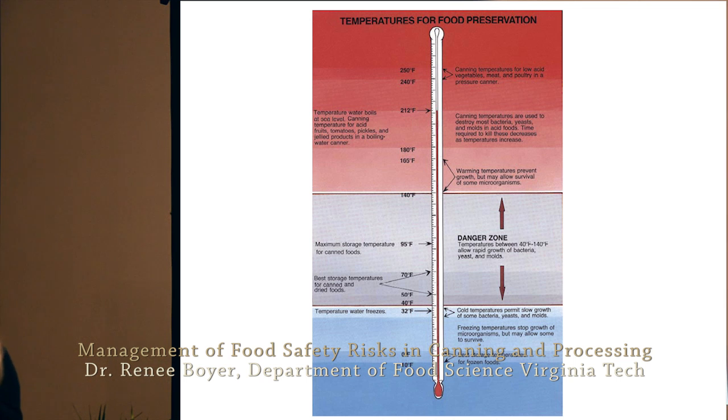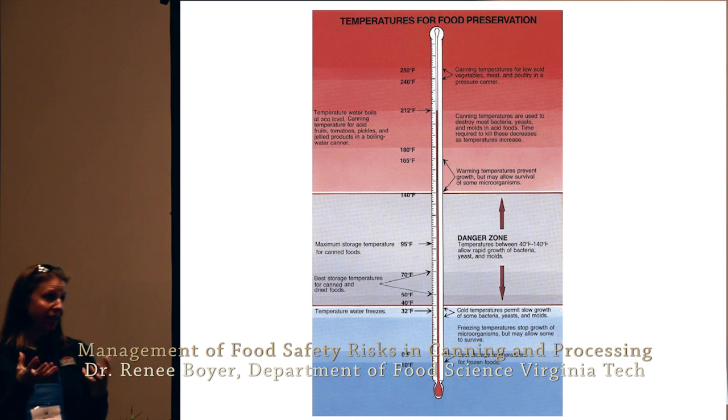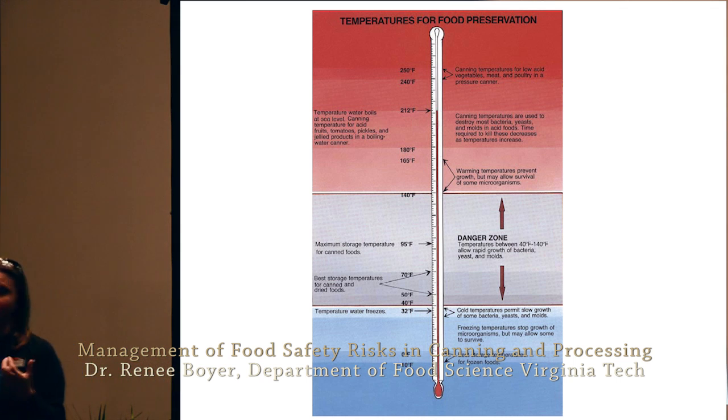So if you're processing something in a boiling water bath, you're processing it at 212, okay? This is the canning temperature that's used to destroy most bacteria, yeasts, and molds in high acid foods, foods that have a low pH, right? If you have a food that has a high pH, it's considered a low acid food, and you have to process that food at a much higher temperature.